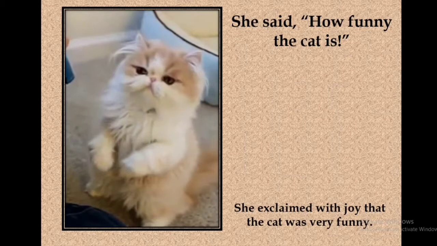In the last sentence, exclaimed with joy was used instead of said, and that was used instead of inverted comma. Then the subject of the reported speech comes first, the cat, and then the verb is changed into was, and then we add a new word, very, and then the extension, funny.